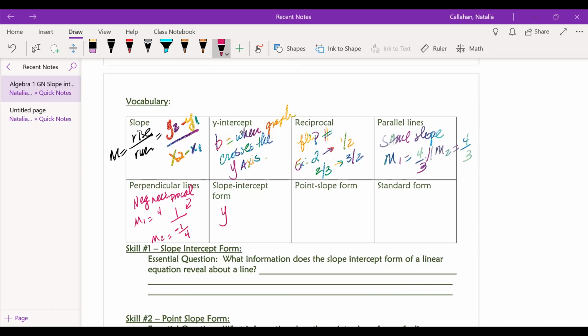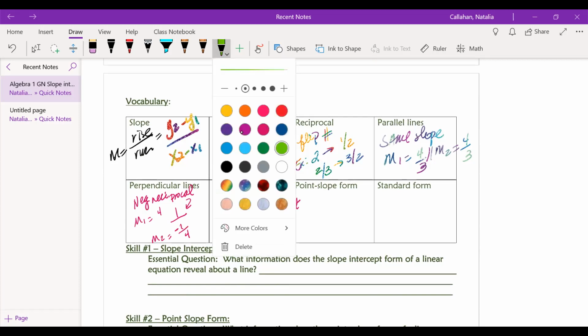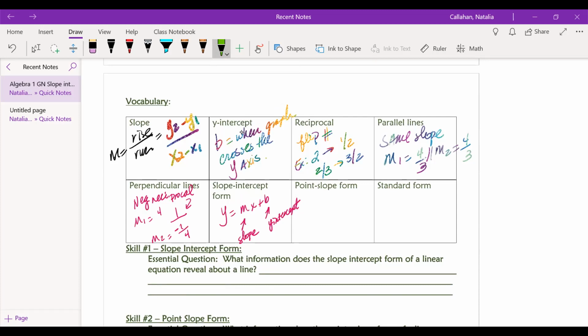Slope-intercept form is y equals mx plus b. m is your slope, b is your y-intercept. Point-slope form is y minus y1 equals m times x minus x1.